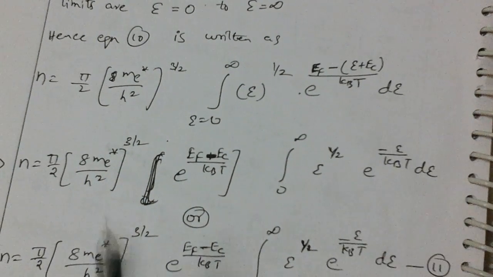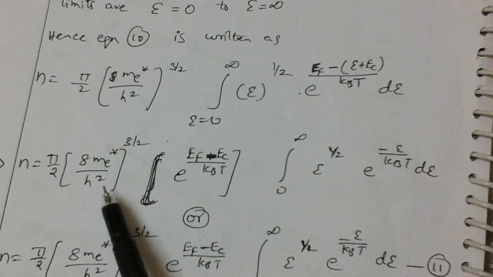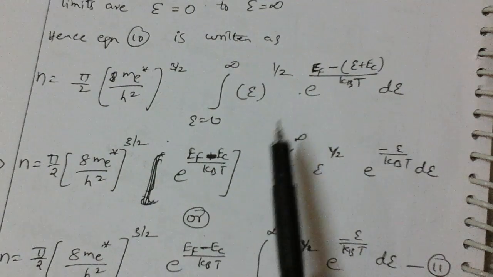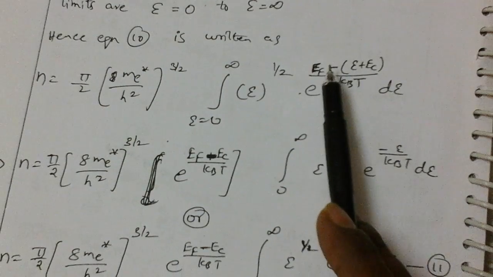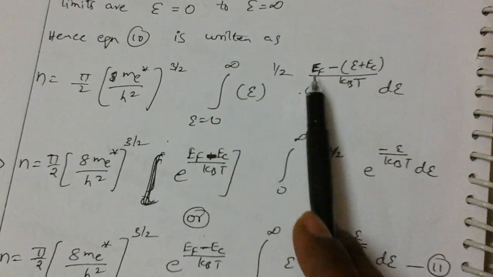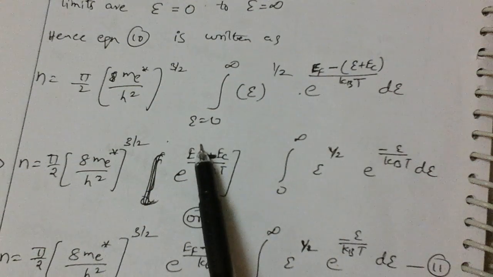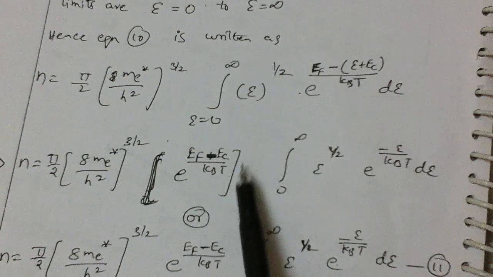Now, the third step: pi by 2 into (8 m_e star by h square) whole power 3 by 2 as it is. But here one term is there. E_F is a constant, E_c is a constant. So if you open the bracket with minus E_c, you can write e to the power of (E_F minus E_c) by kBT outside, because this term is a constant.